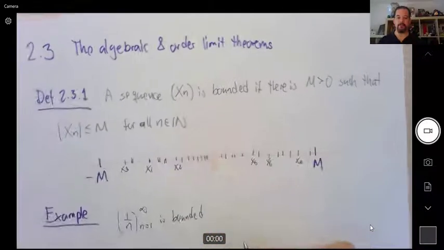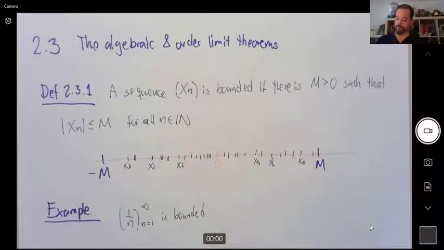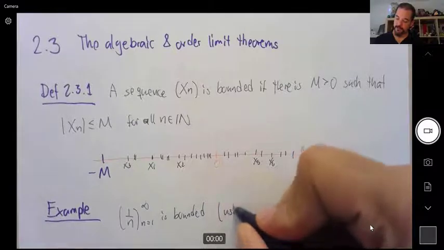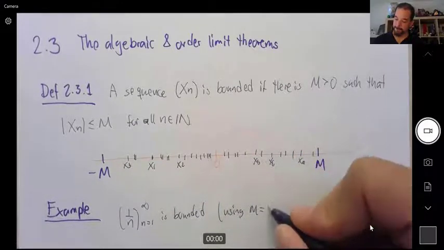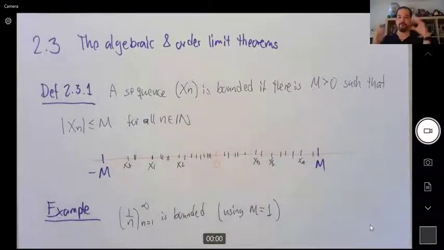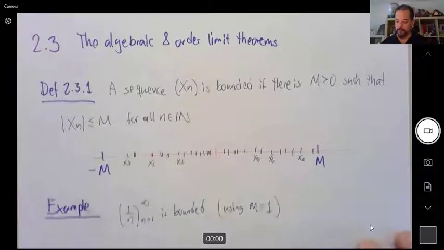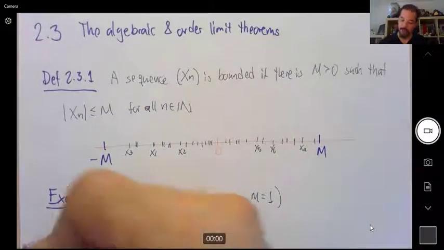Well, because it's between negative 1 and 1, right? Using M equals 1. Because you have 1 and then 1/2, 1/3, 1/4. They're getting closer and closer to 0. So every one is for sure between negative 1 and 1. So that's one easy example.